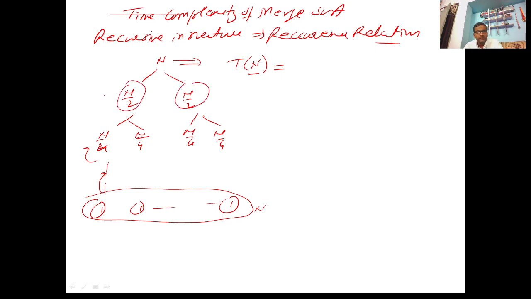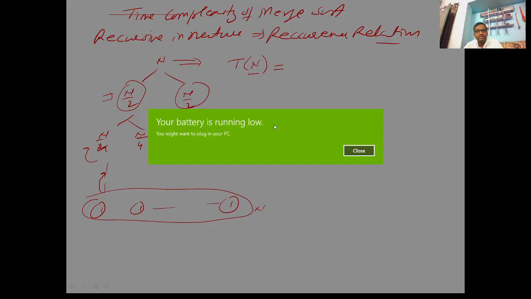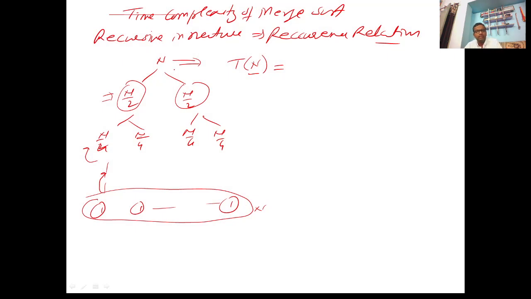These n upon 2 size lists were further passed to the same algorithm, the same merge sort. So we can write that two recursive calls were made to the same algorithm but with different size, and that size is equal to n upon 2, n upon 2.